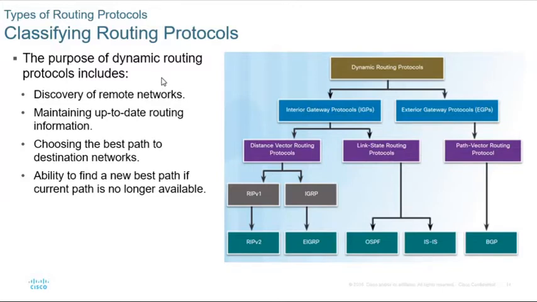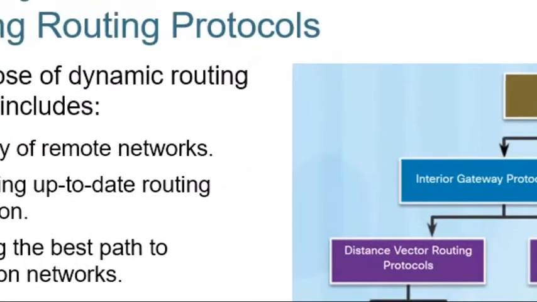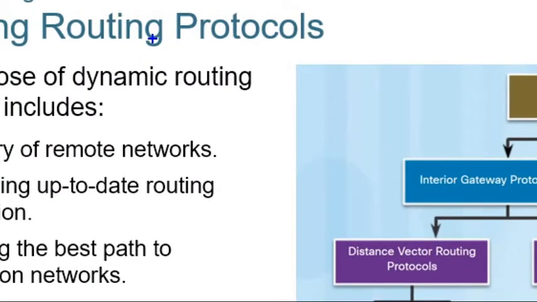Now, let's first define what exactly routing protocols are. A routing protocol is a set of processes, algorithms and messages that are used to exchange routing information and to populate the routing table with the routing protocol's choice of what we call best paths.